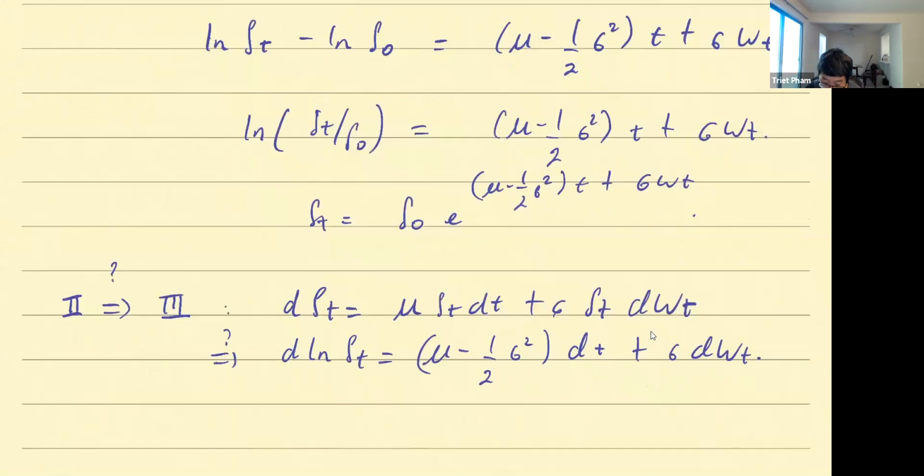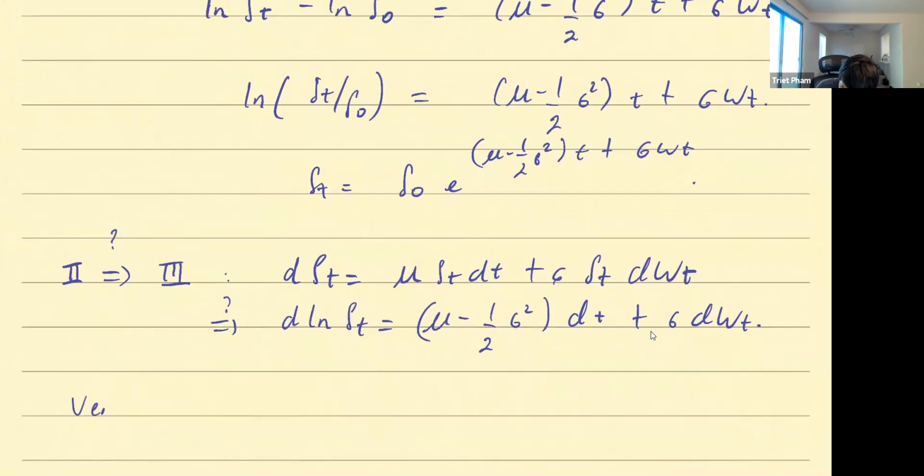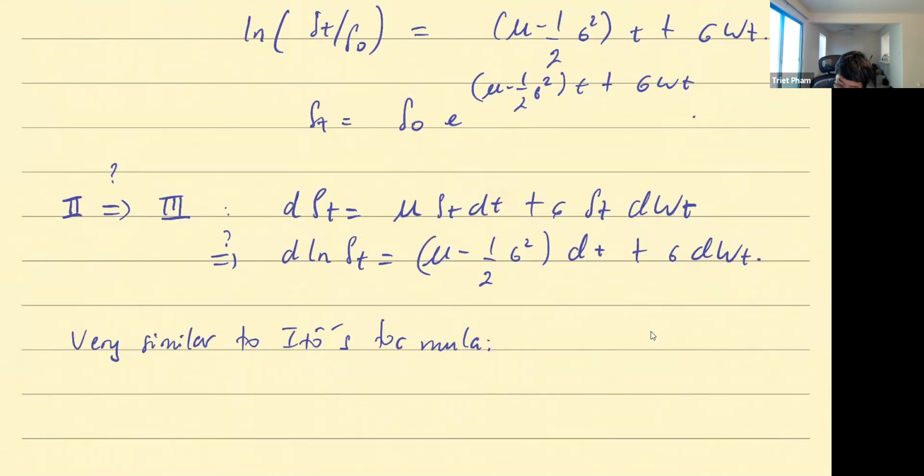And this is very similar to Ito's formula in this way. If you ignore all the bells and whistles and suppose that we only have the Wt term, then we start out with basically Brownian motion and this differential. Then we want to look at the differential of the log, which we know how to do by Ito's formula.